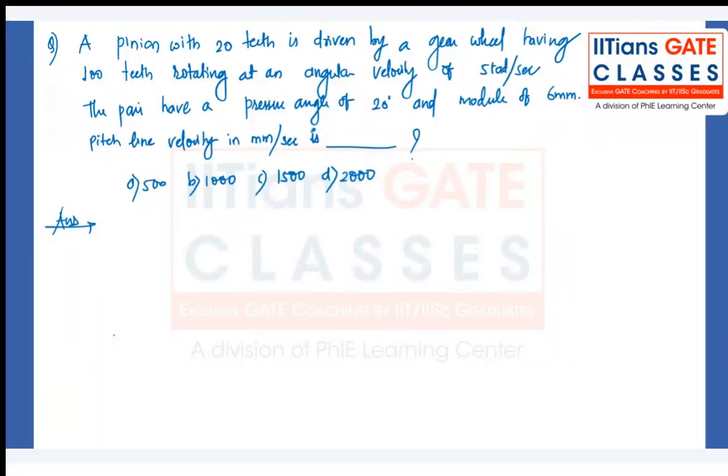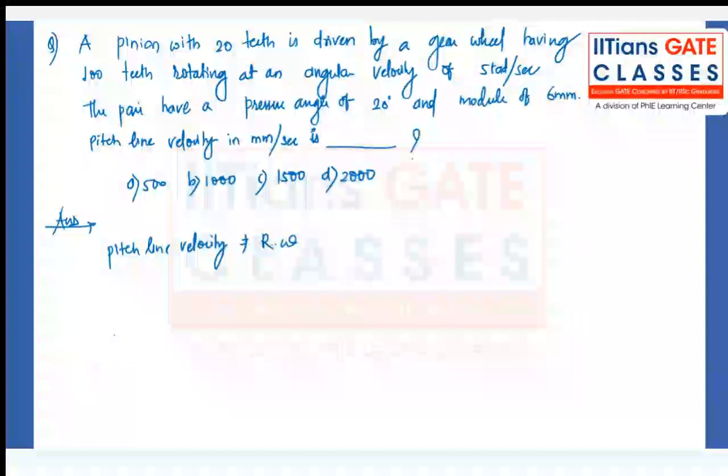Try to solve this. Pitch line velocity they are asking. What is pitch line velocity? R omega basically. Pitch line velocity is equal to R omega, that is your pitch circle radius into omega. Only thing is they have not given you the R value, which you have to calculate.